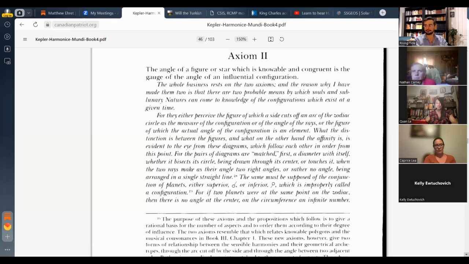Right. Okay. So the whole business rests on the two axioms. And the reason why I have made them two is that there are two probable means by which souls and sublunary natures can come to knowledge of the configurations which exist at a given time.